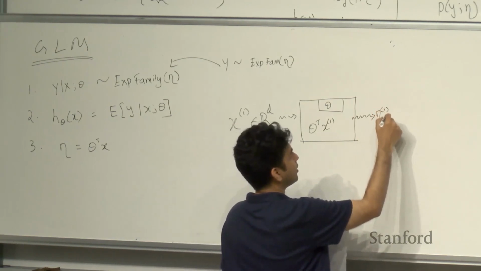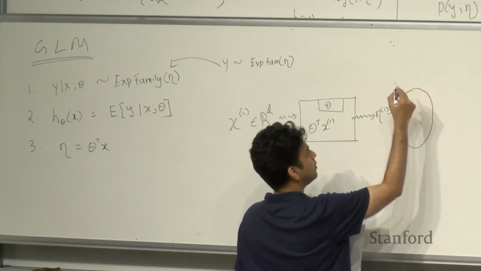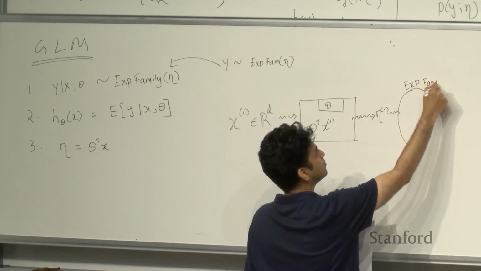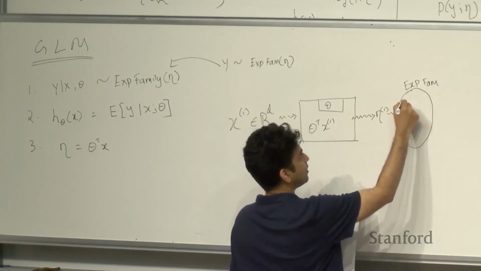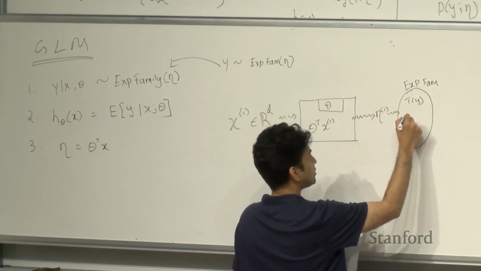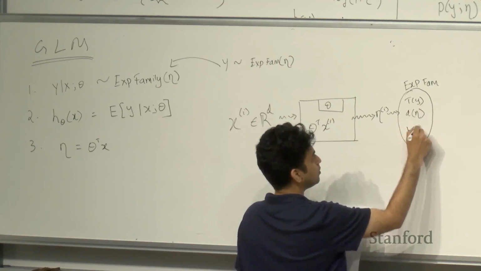This eta i becomes the parameter of some exponential family that has some particular sufficient statistic and log partition function b of y.